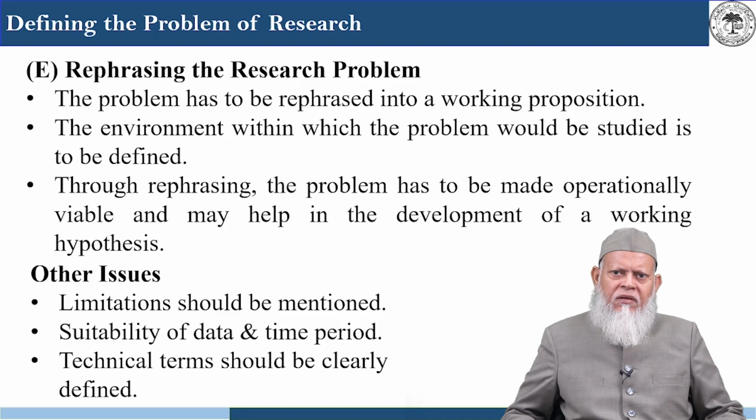It is impossible. So, what happens? We can fix that, okay, in the 21st century, or since Saudi Arabia has joined the WTO, but in fixing the period also, logical explanation is necessary why we are choosing that particular period.